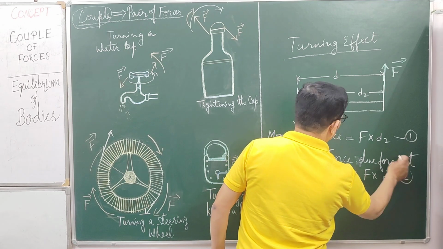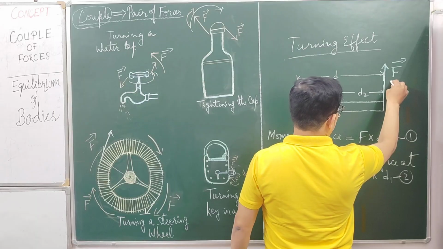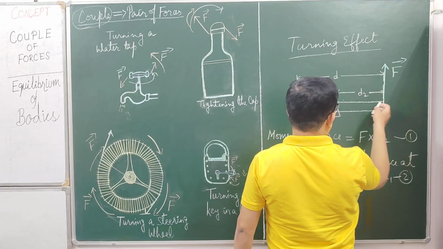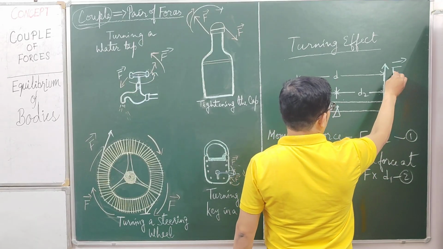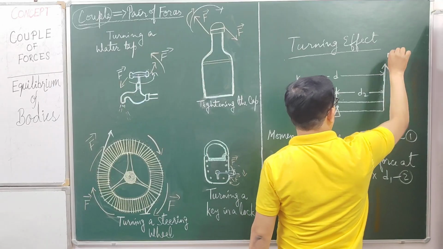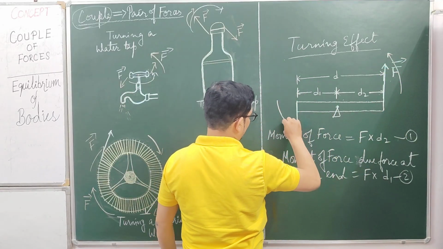So this is 2. Now this force on this side, if it is producing a deflection, the moment of force here is anti-clockwise moment and this is clockwise moment.